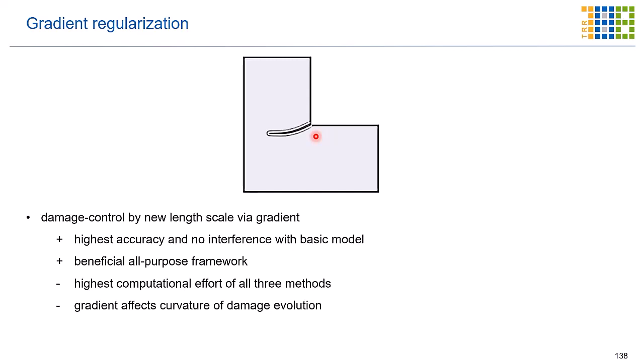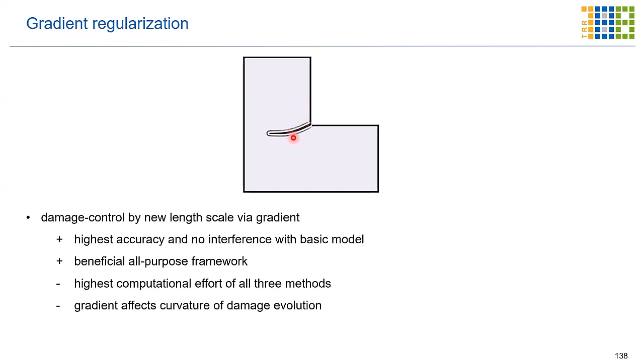In other words, it depends on how the damage changes in space here. And this means you are controlling this change of damage in space by this gradient approach, and therefore the width of the damage zone.